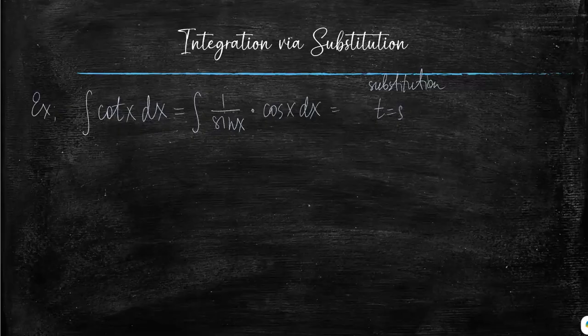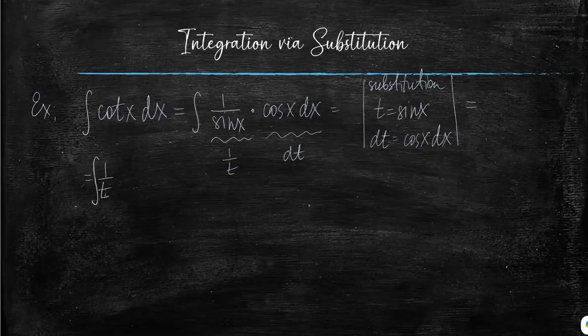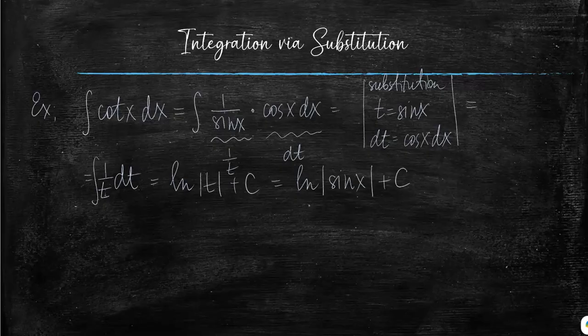So t is going to be equal to sine of x, and cosine of x dx will be my dt. So this now becomes 1/t, and this becomes dt. And this allows for an effective substitution. So we have the integral of 1/t dt, which is ln of absolute value of t, plus c, and then replace t with what t stands for, and this is the general antiderivative.